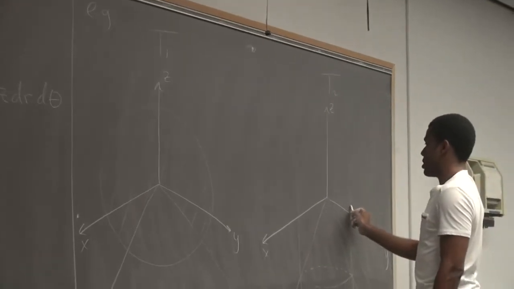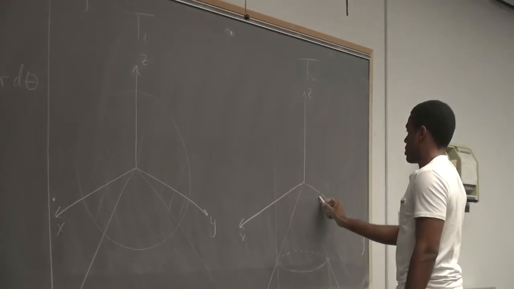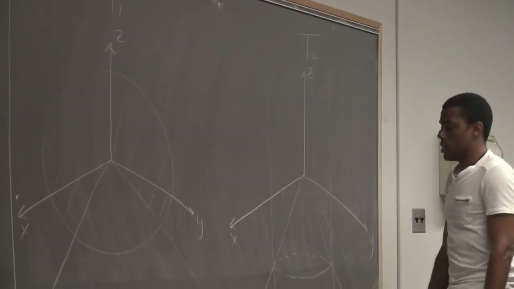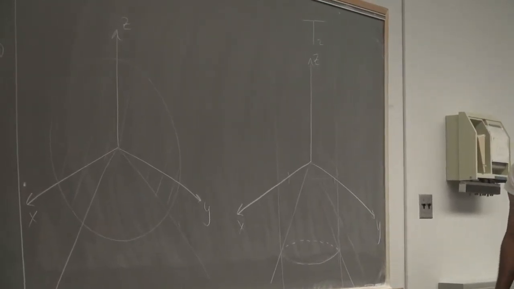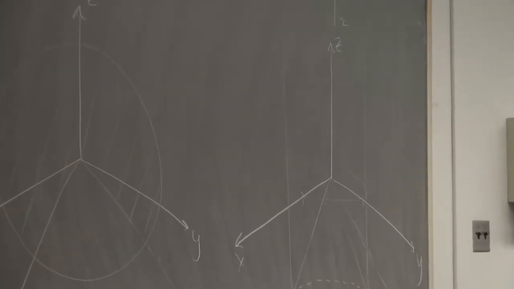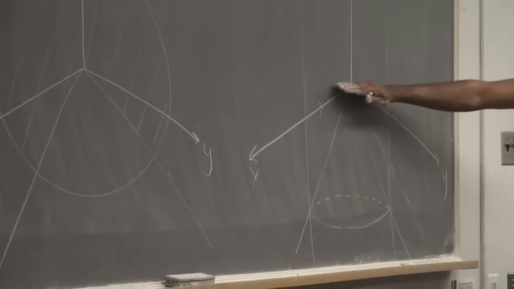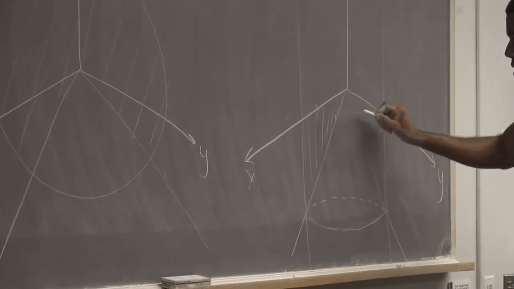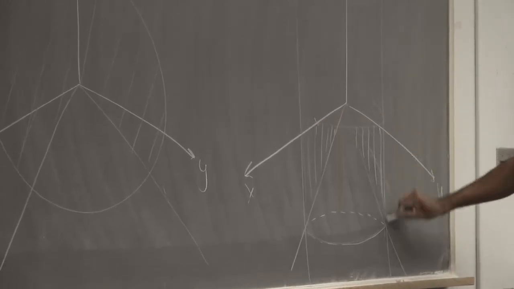Okay, so this is this. Now which region do I want there? Inside the cylinder, outside the cone, and below the XY plane. So I want everything around here.